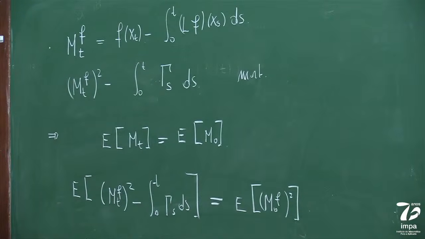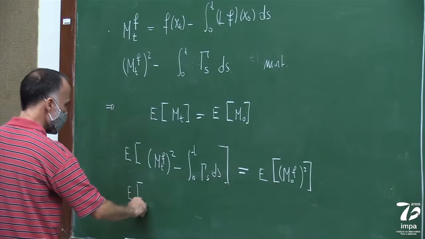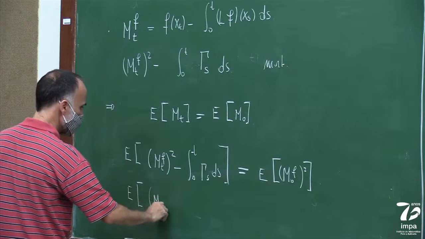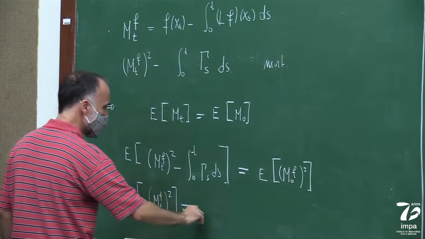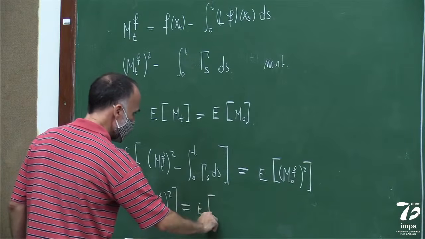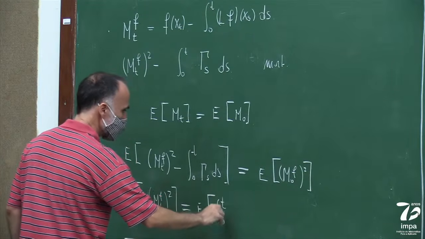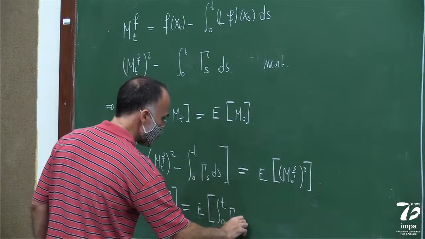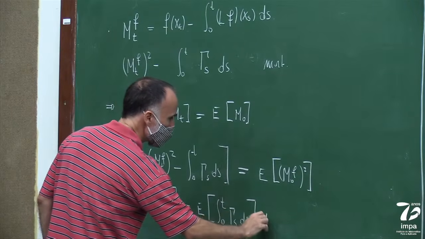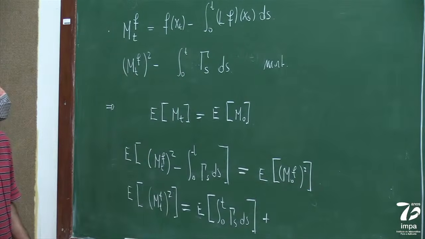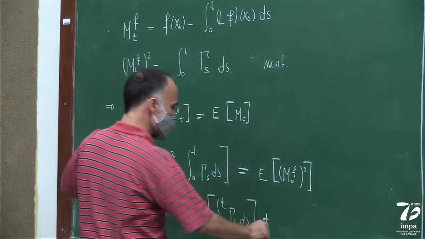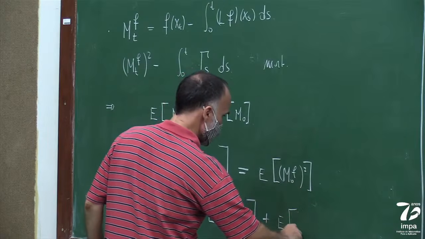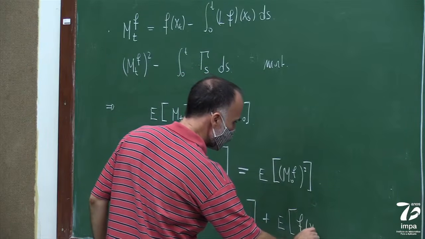And so this tells me that the expectation of M t f square is equal to the integral of gamma s ds plus this martingale at time 0, which is the expectation of f of x 0 square.